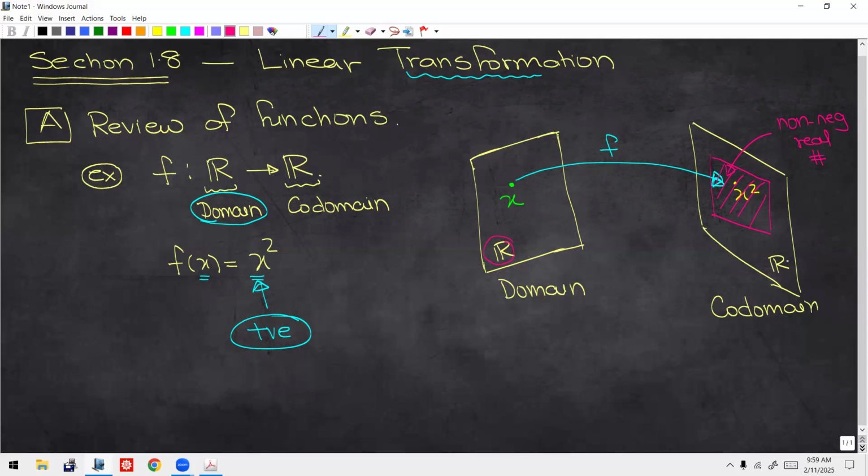So we're not going to get all real numbers. We're only going to get a small subset. So we call this pink set that I have highlighted here the range. Okay. So the codomain is everything we can possibly get back, but the range is actually everything we get back exactly. Okay. So the range is a subset of the codomain.